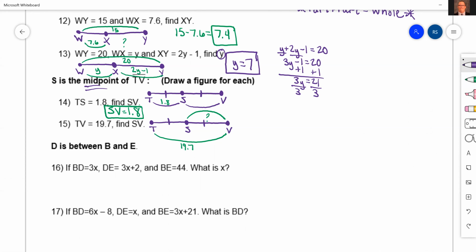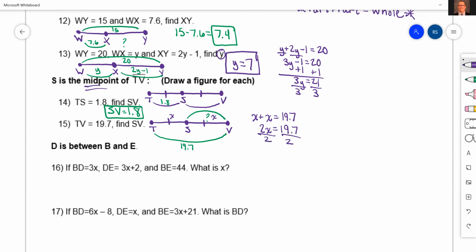Since S divides it in half, if we called this x here and x there, how many do we have? x plus x equals 19.7. Or you could say 2x equals 19.7.